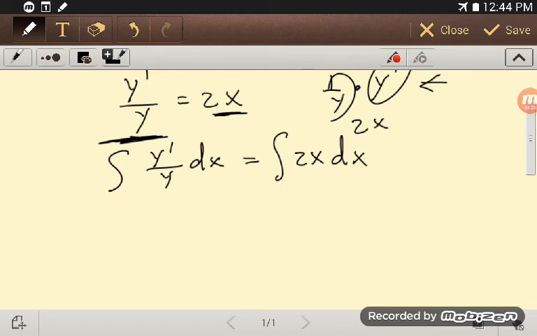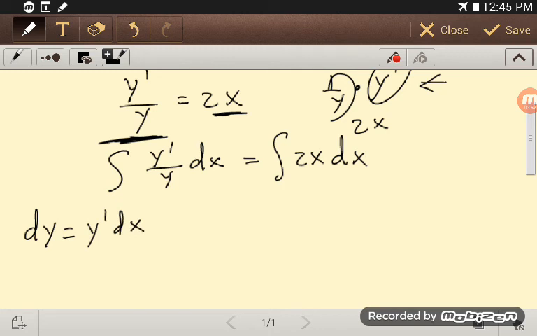The left-hand side, on the other hand, we have to think about how we do that. Well, we can make a quick substitution here: we've got y prime dx. And if you remember from Calculus 1, and even if you don't, it's still true that in terms of differentials, the definition of dy is y prime dx.